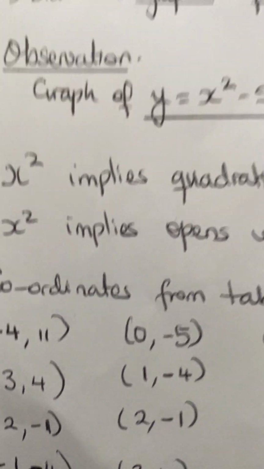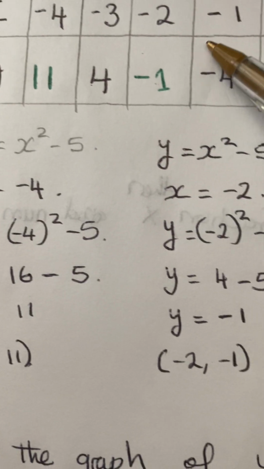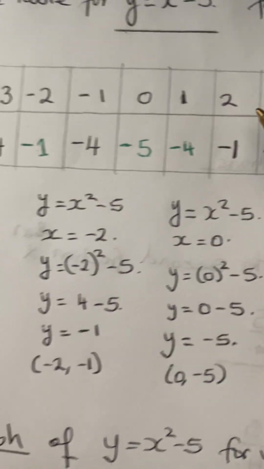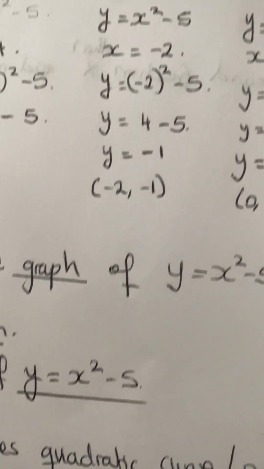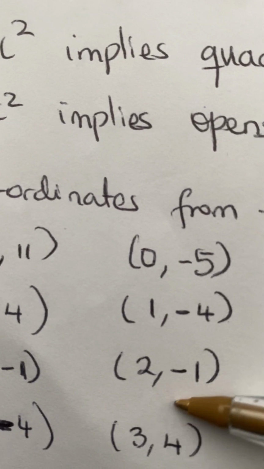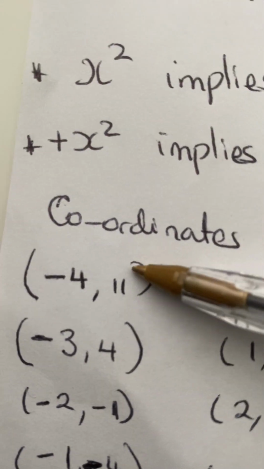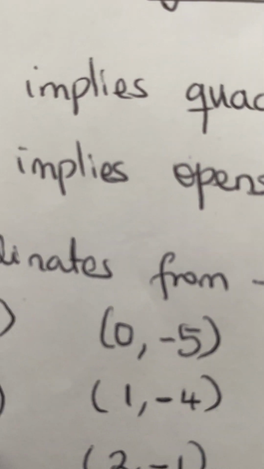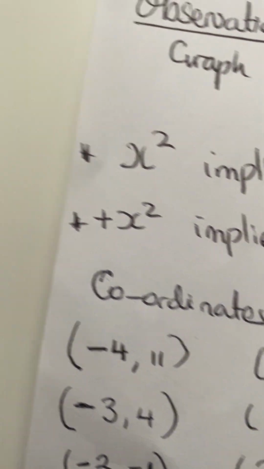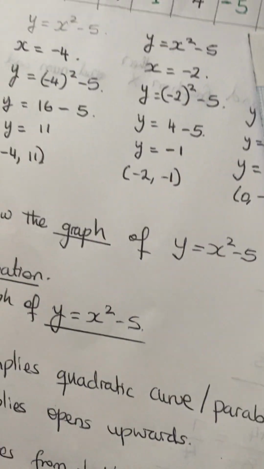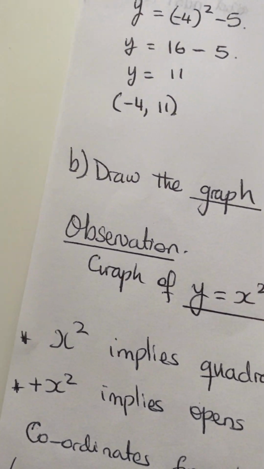So I've listed the coordinates here. You can use the table and plot straight on the graph, or you can list the coordinates and use the coordinates to plot, whichever is easier for you. So on my graph, plotting is important.